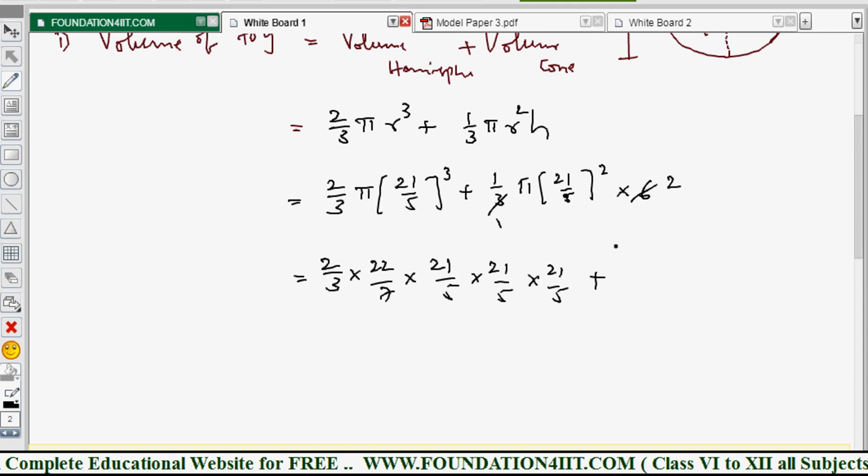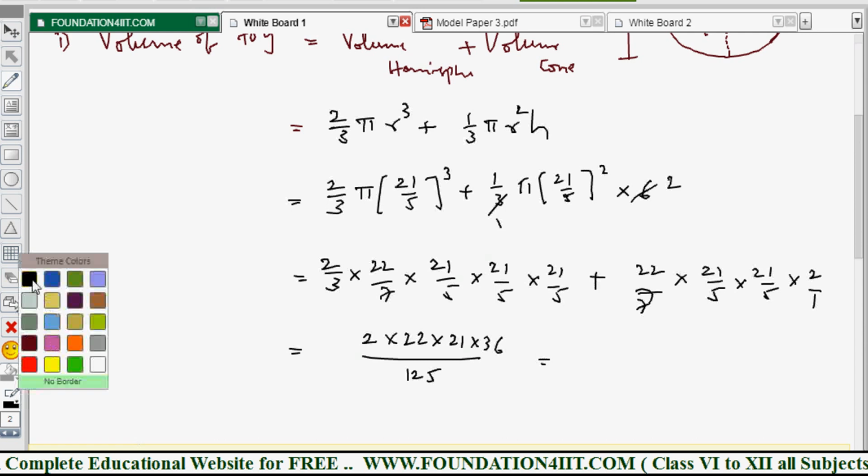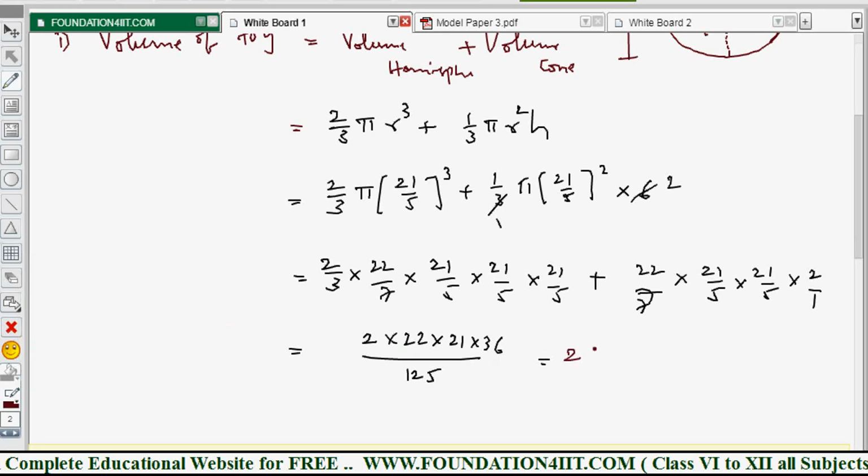Just simplify, pi value 22 by 7 into 21 by 5 square, so 21 by 5 into 21 by 5 into 2 by 1. Take common and solve. That is 125 in the denominator after cancellations, so 2 into 22 into 21 into 36 after cancellations. If you use a calculator, it is fast for calculations. By solving this, you'll get 266.11 cubic centimeters.